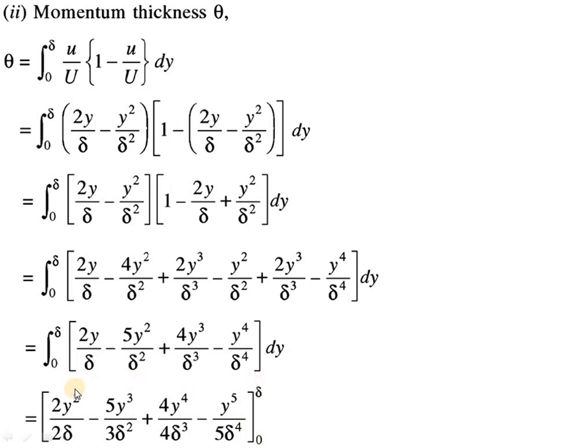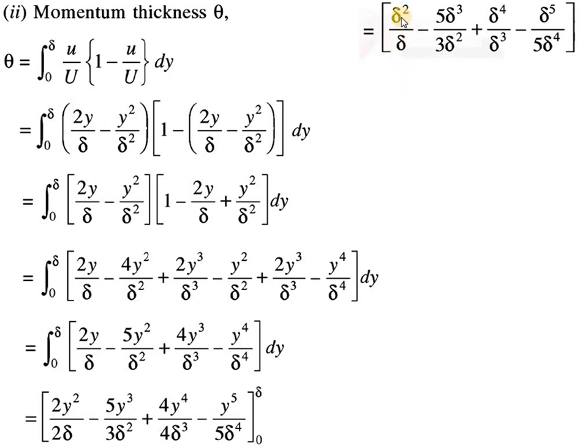Now let us apply the limits of integration. This 2 will be absorbed from numerator as well as denominator. This 4 will be absorbed from numerator and denominator. We are doing all these things in such minor detail so that we should be able to reduce our errors as well as our efforts. So now let us proceed.